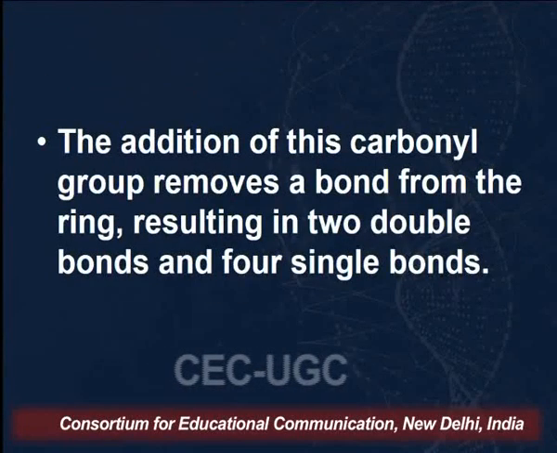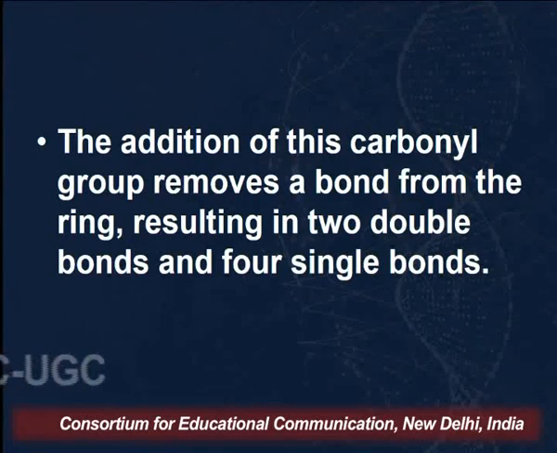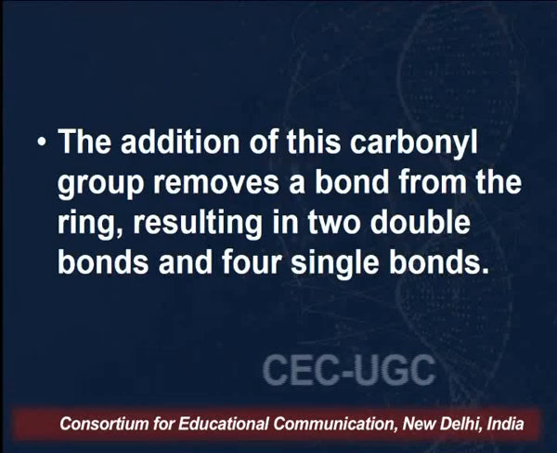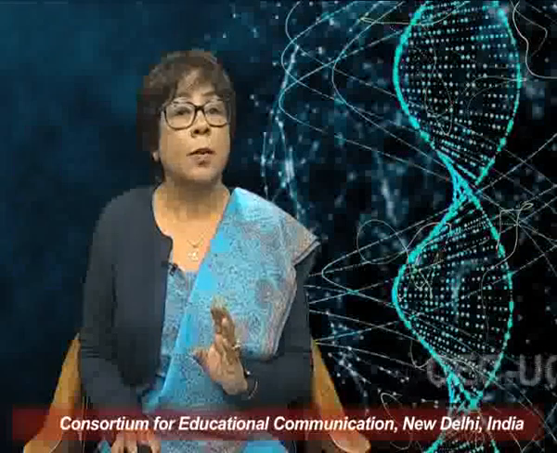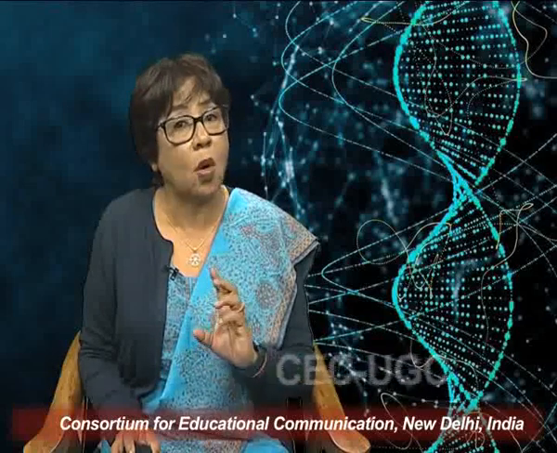And when we add the carbonyl group to the ring, it will remove a double bond from the ring. So it will remove one double bond, and this in turn will result in 2 double bonds and 4 single bonds. What you have to remember is, whether we are talking of thymine, uracil or cytosine, we will be replacing one double bond with a carbonyl group in all the three.